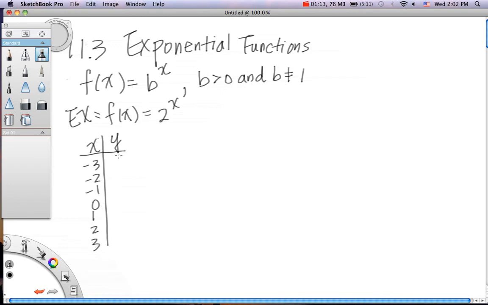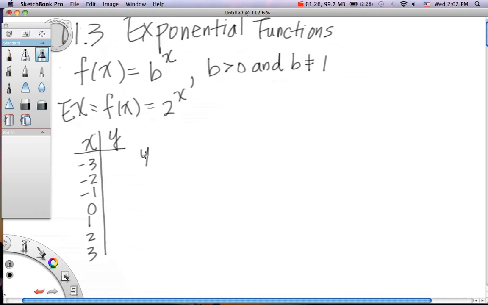Now we are going to find out what the y value is when x is equal to these values. So for example, y is equal to 2 to the negative 3 power, which, as you remember, is 1 over 2 to the third power, which is 1 over 8.